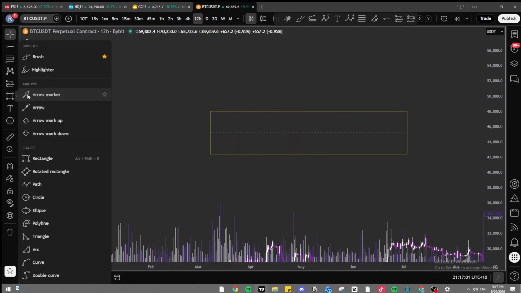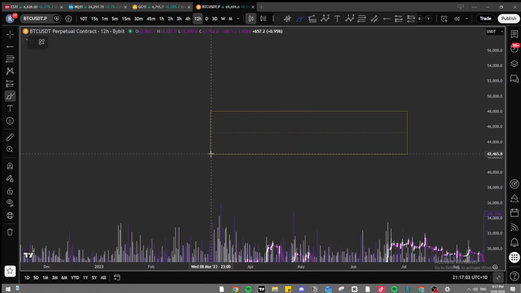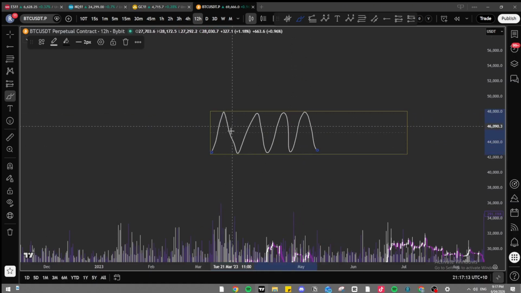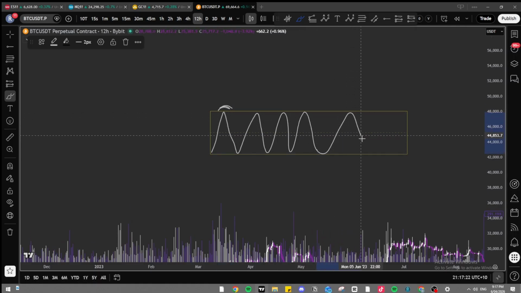And generally speaking, this is how a range rotates. Obviously, inside these highs and lows, you do get internal market structure, but we're just gonna keep it simple. So let's say we're breaking up to the upside. Generally speaking, before you get a breakout to the upside, you get a failed complete rotation. As we can see, we did not rotate to the downside.